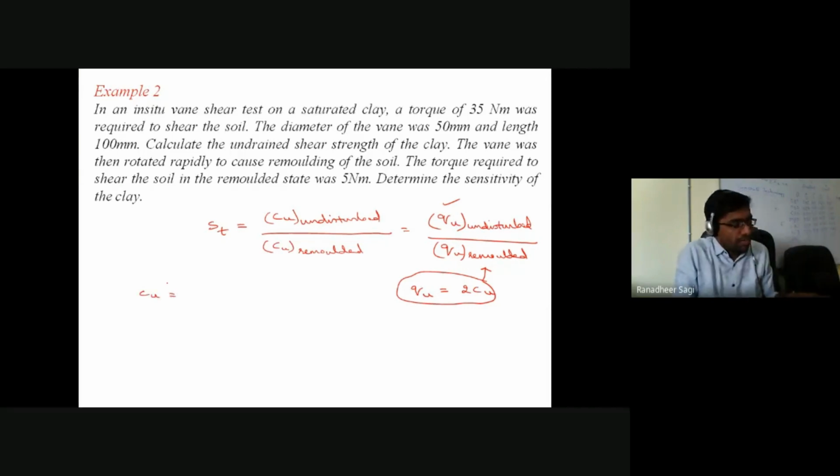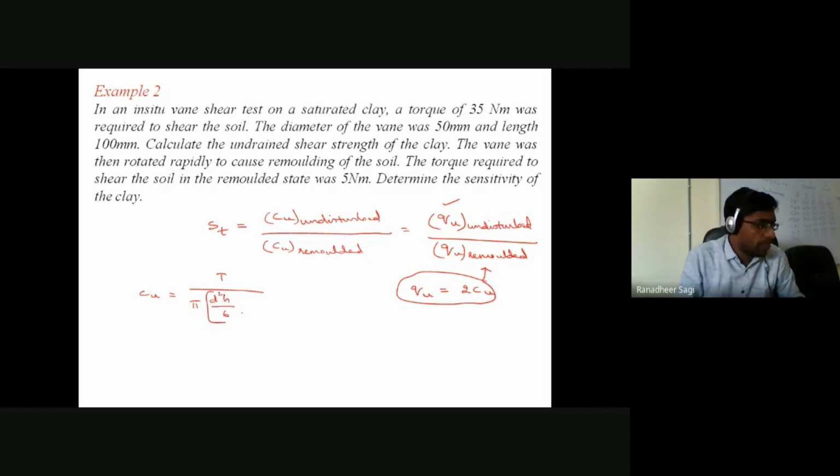We have a relation, which is Cu equals T, the torque required to cause the shearing in the soil sample, divided by pi into d square, H by 2 plus beta into d cube by 4. This was, I hope, the generalized expression.